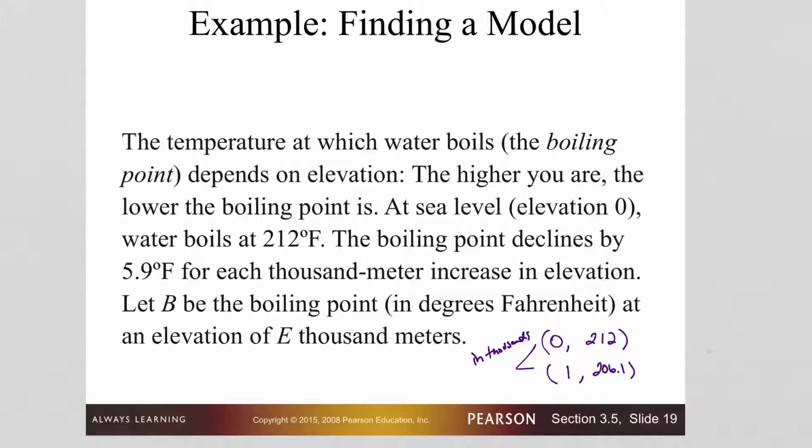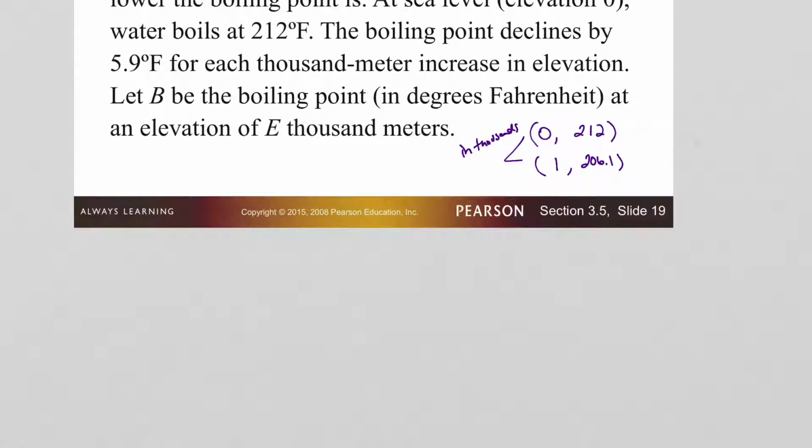So now I know that I have 2 good points, and I can prove to myself that my slope is negative 5.9. So I would do my slope formula again. All right, there's my slope. I know that my slope is negative 5.9.